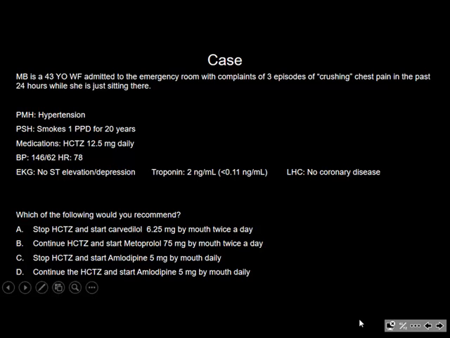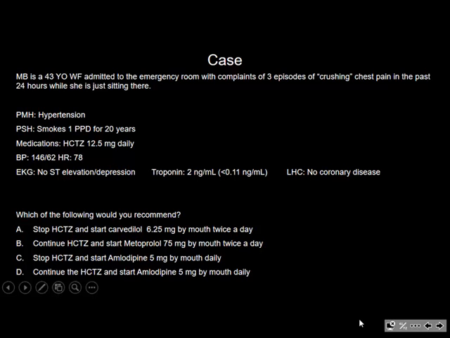And I would say C or D would be probably acceptable answers, and this is where for discussion up here I would not give you something that's this close in an exam form because it's probably not fair. And right now you could say maybe stop the hydrochlorothiazide and start amlodipine at 5, and then depending on what happens with this patient's blood pressure, you could potentially even go up on the amlodipine.